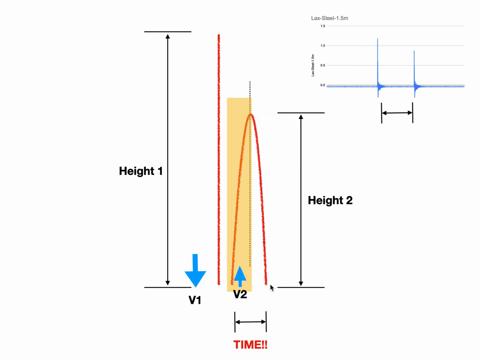But we want to simplify the equation. We want to make one velocity 0, right? So we only care about the first half of the motion here in the yellow box. Because at the apex, velocity is 0, right? So during this motion, the time is half of the time you see on the force plate. So that's from this peak to the middle of two peaks.